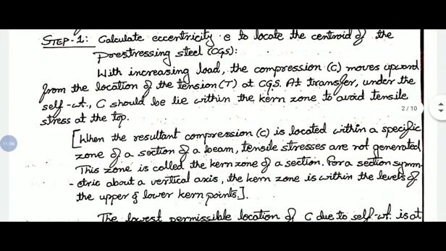Such a zone we call the kern zone. The extreme top point where the tensile stress is 0 and the extreme bottom point where the tensile stress is 0, with only compressive stresses in between, are called the upper kern point and lower kern point, and that entire zone is called the kern zone of the section.